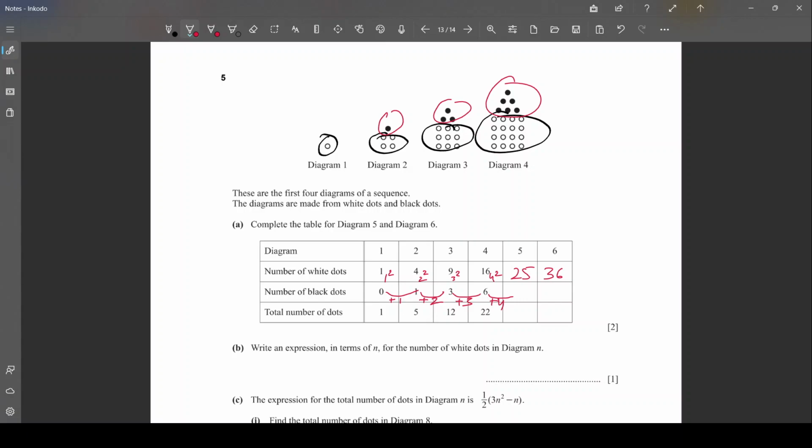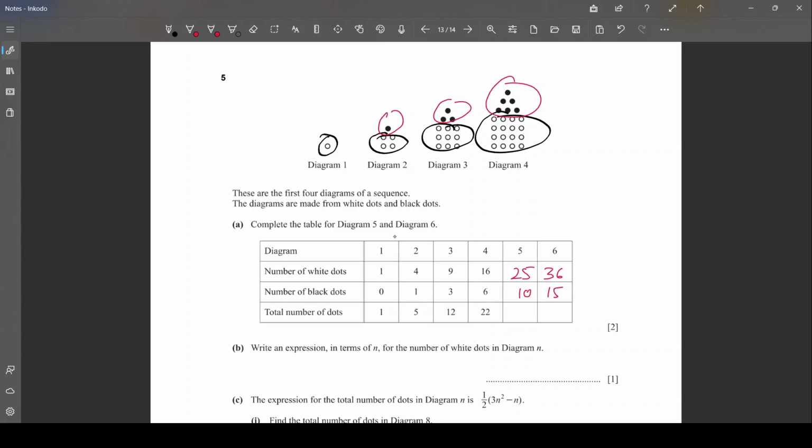So plus 1, plus 2, plus 3, plus 4: 6 plus 4 is 10. Then here it should be plus 5, so 10 plus 5 should be 15. Okay, so this is how we have to do it. So this is 10 and this is 15.